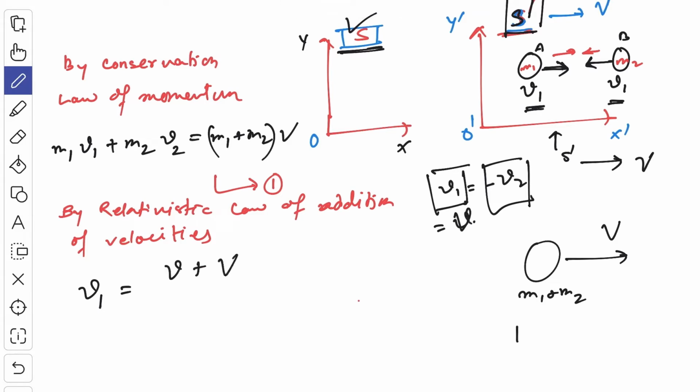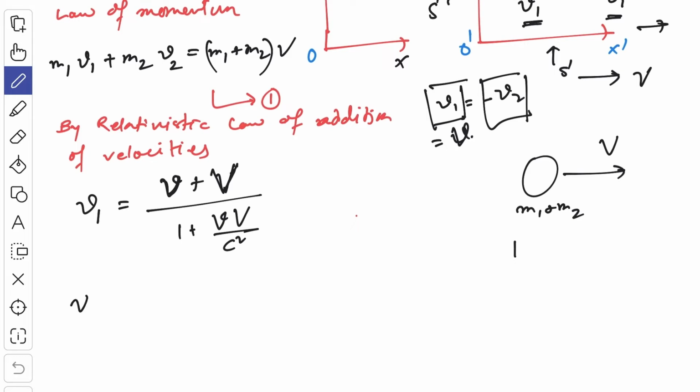Then small v plus capital V, where capital V is the velocity of the frame of reference S dash. It is moving along the x-axis with this velocity capital V. So this is divided by 1 plus small v capital V by c square.